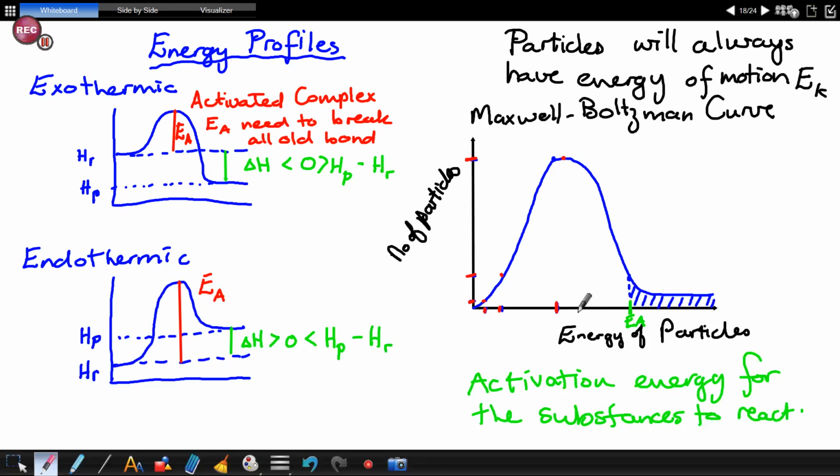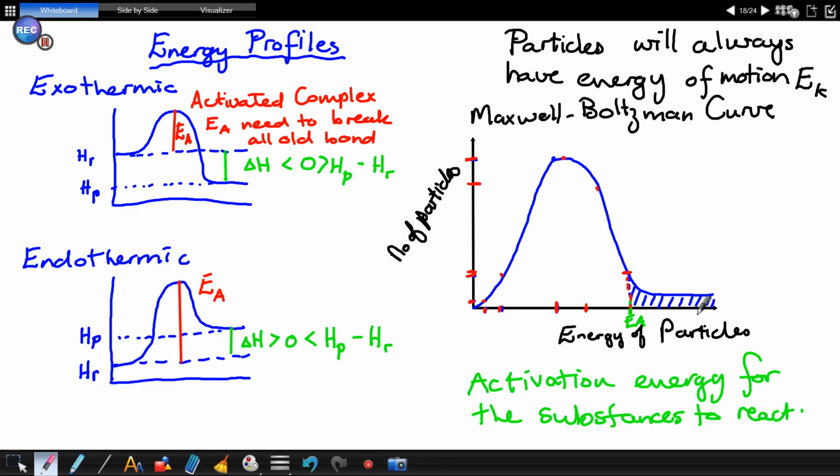As we go up, that number of particles will have that energy. Okay? This number of particles will have activation energy. So that's where the reaction starts.